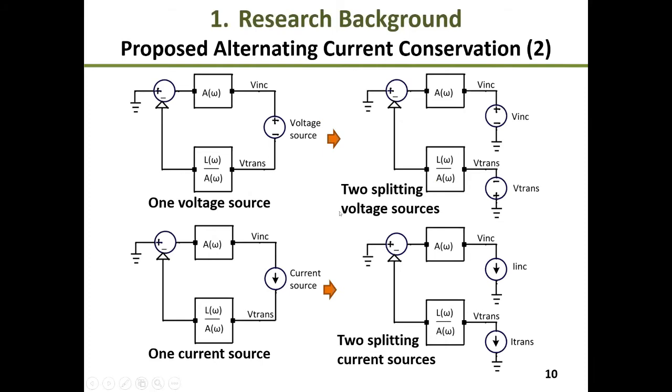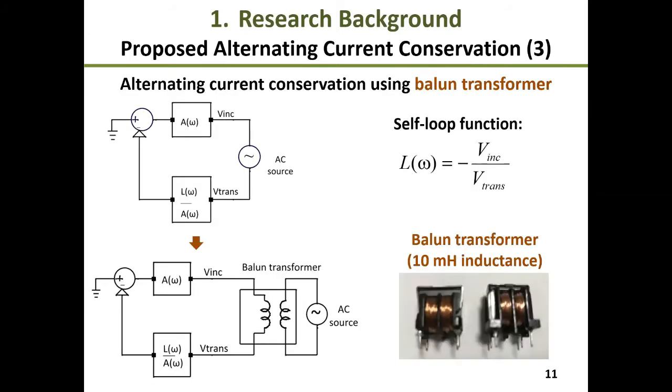In simulation, we can use the voltage short or the current short to define the cell-loop function. And in this work, we use a balun transformer to measure the cell-loop function in the implemented circuits.